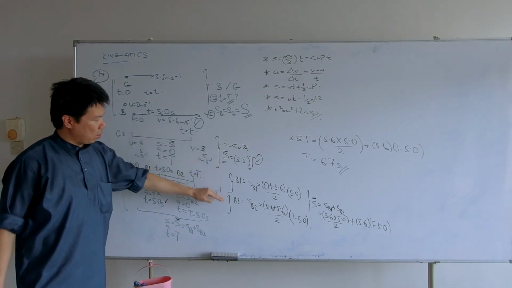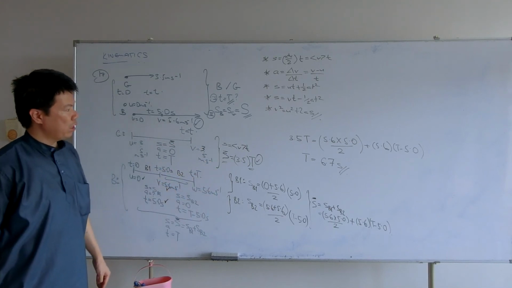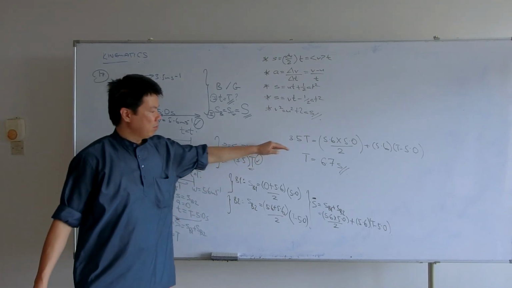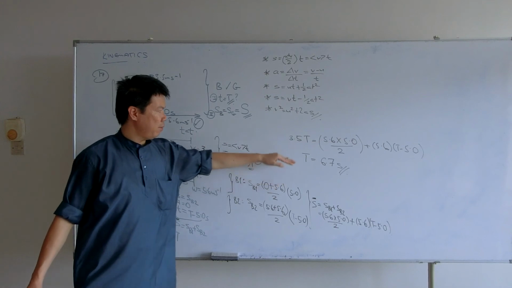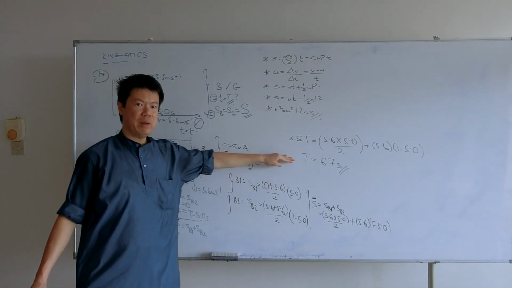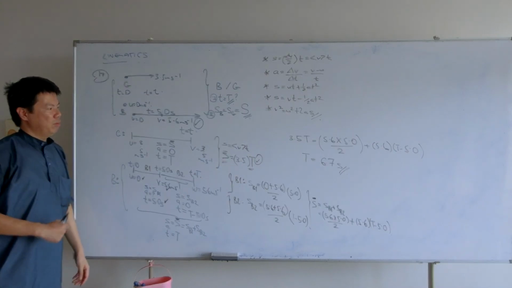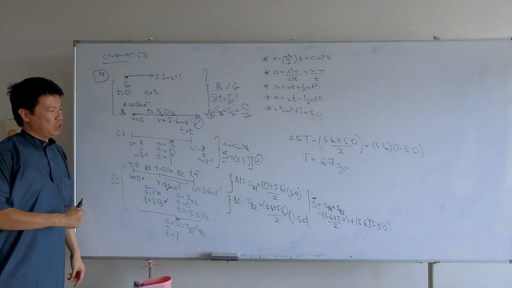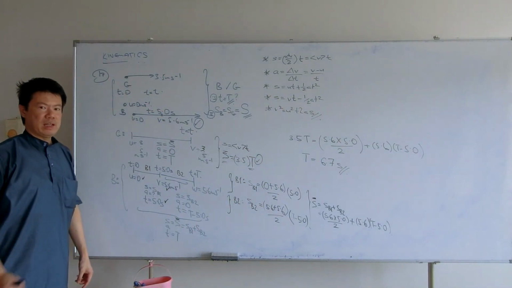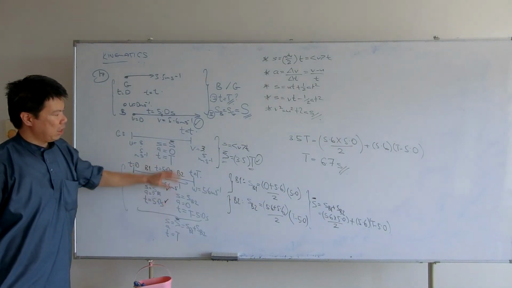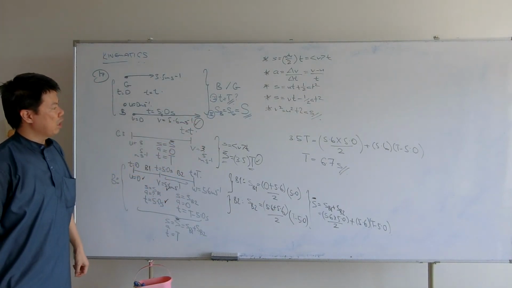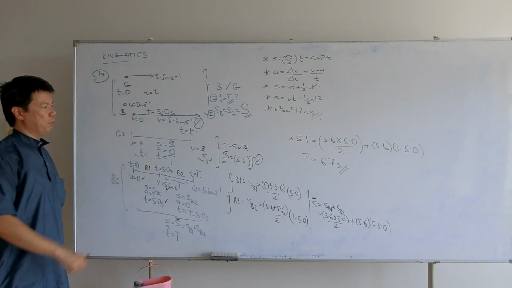Construct your equations required, and then in the end, since displacement is the same, your T, which is the same, can be found. So I hope you understand this video. Although it's a challenging question, realize that it's doable as long as your techniques are clear, your equations are clear, and your maths are clear.